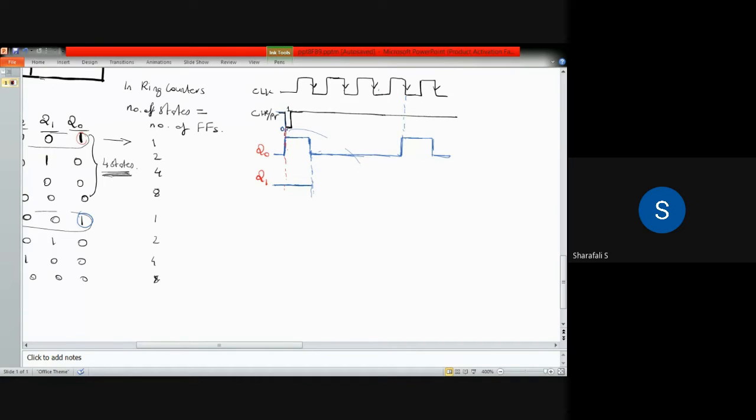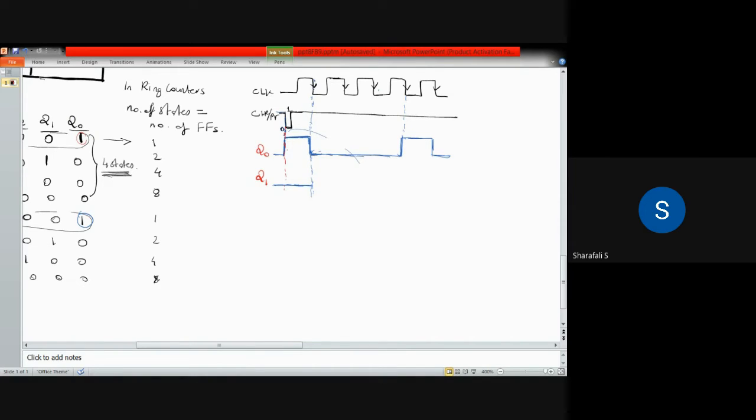So at that moment, we have to consider this particular pulse, as you can see from this figure. From that portion onwards, the Q0 value will be maximum. That will become 1 as shown in the figure. After the first clock pulse edge comes, that maximum value, or the 1 which is stored in Q0, will be shifted to Q1.